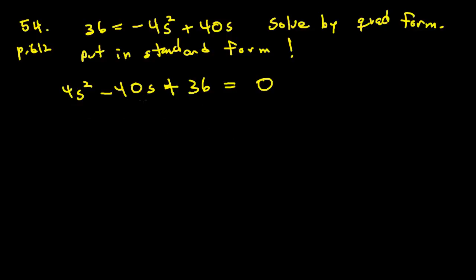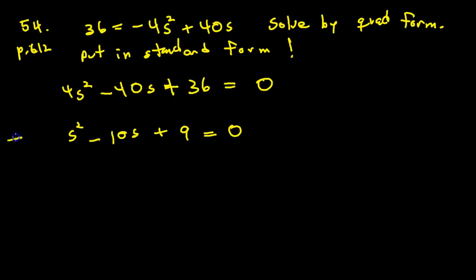I'll notice every coefficient here is divisible by 4. So can I divide both sides by 4? 0 will swallow up any divisor. If I divide all terms, both sides, by 4, I'll get somewhat less cumbersome values to deal with when I plug into the quadratic formula, and that's always a good thing.